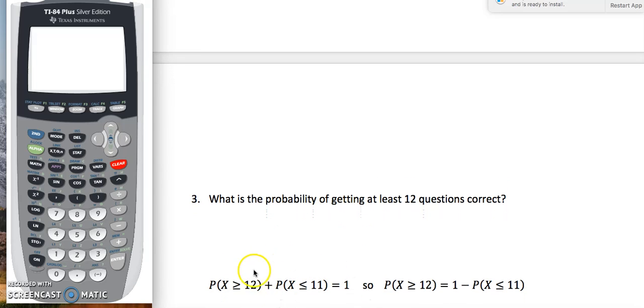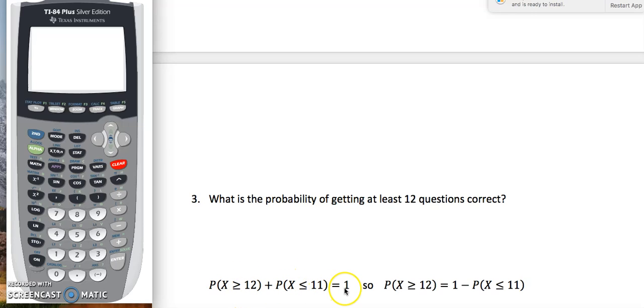Well, here, if we add up from 12 up to 20 and 0 up to 11, if we add up all the probabilities starting at 12 up to 20, so the probability that x is greater than or equal to 12, plus the probability that x is less than or equal to 11. So this is from 0 up to 11, and this is 12 up to 20.